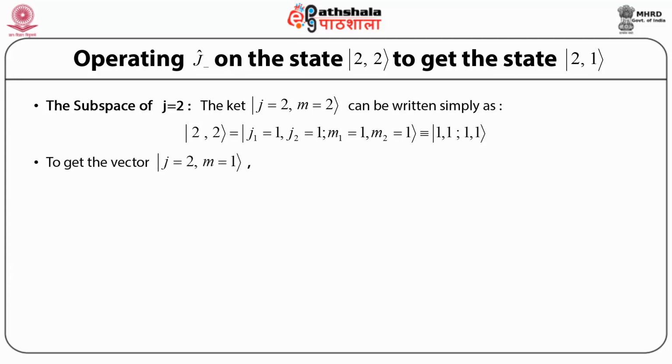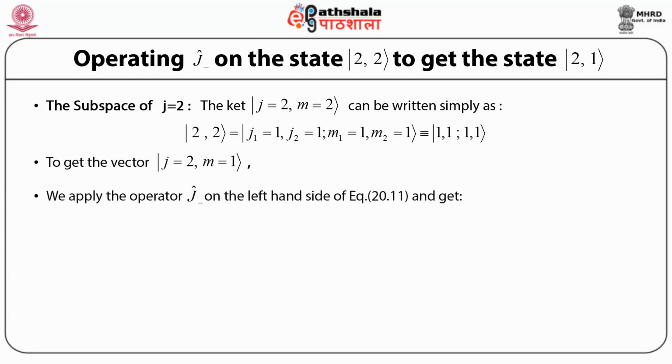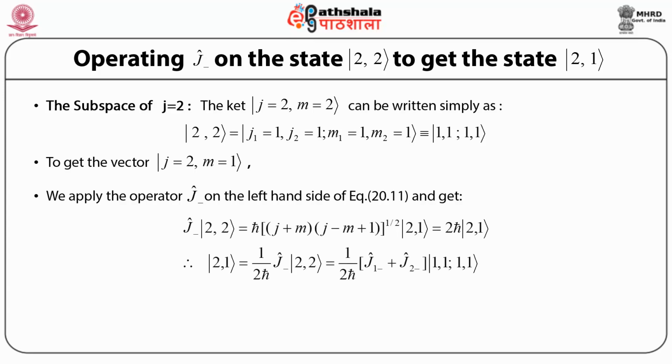To get the vector j equals 2 and m equal to 1, we apply the operator J minus on the left hand side of equation 11, and we get J minus operating on |2, 2> is equal to h-cut times the square root of (j + m)(j - m + 1) times |2, 1>, which equals 2 times h-cut |2, 1>.